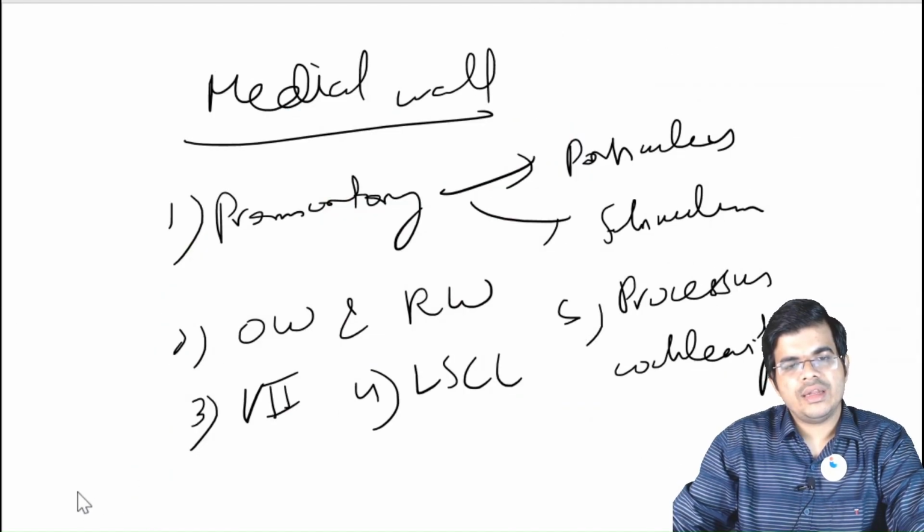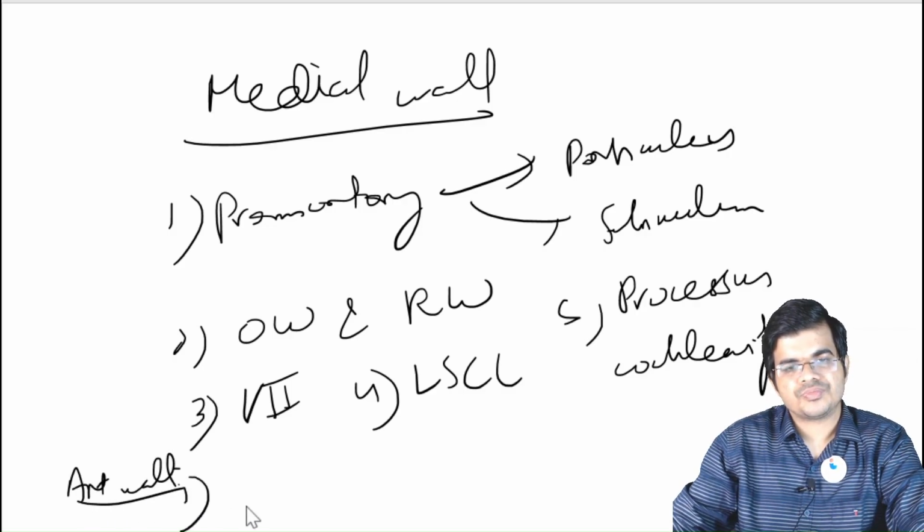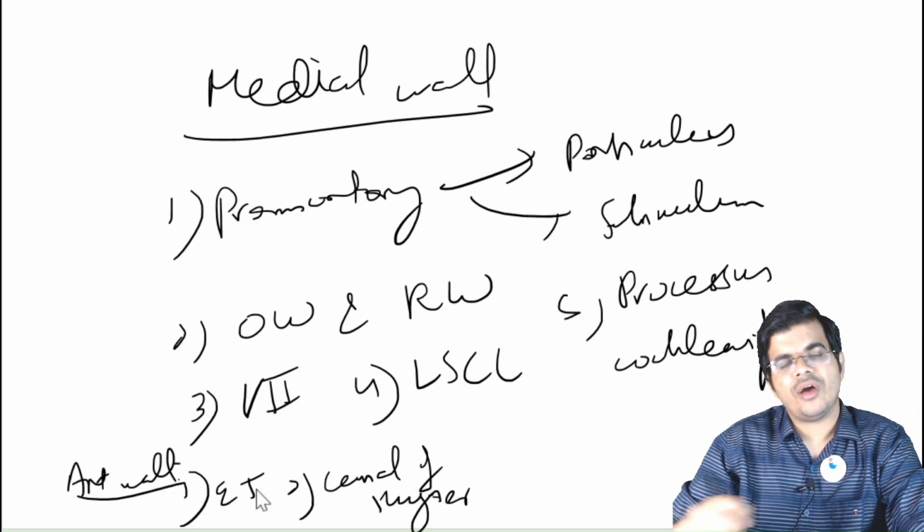So on the anterior wall you have three structures. One is the Eustachian tube. Two, you have the canal of Huguier, and it is through the canal of Huguier that the chorda tympani comes out.